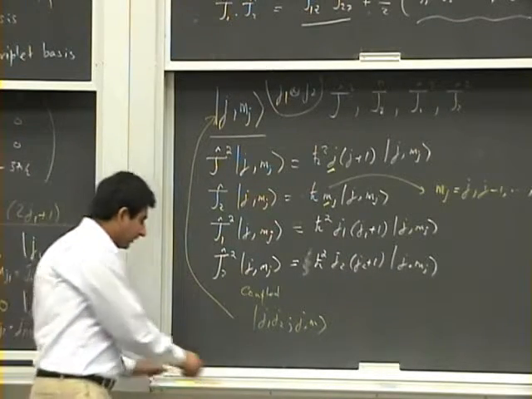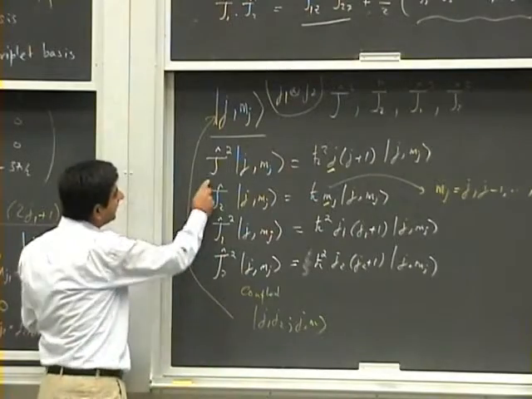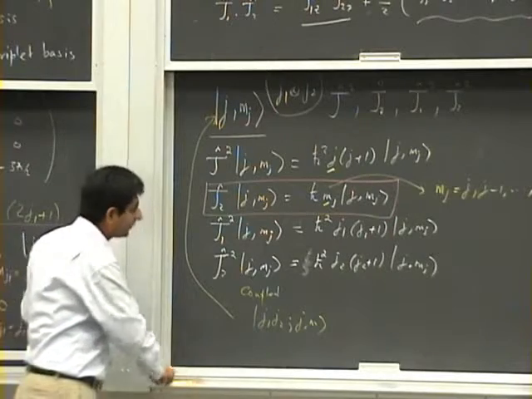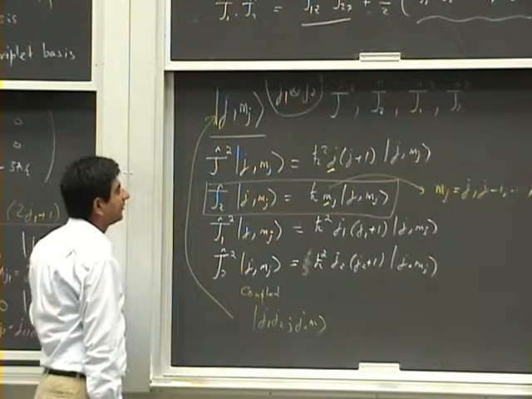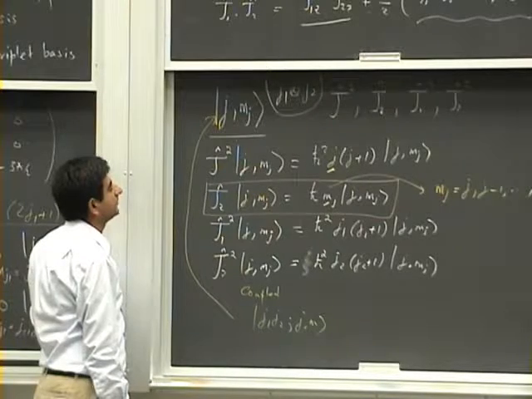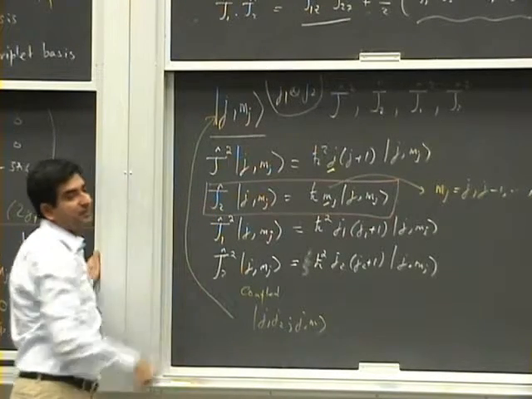Now, how do I know that? If I look at this eigenvalue equation, I would notice that this Jz is J1z plus J2z.